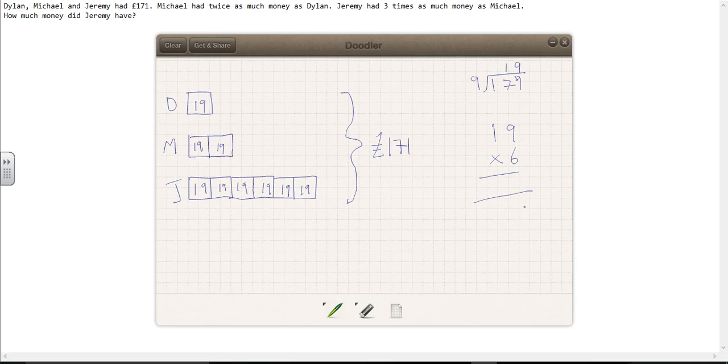Okay, so there we go. And we get £114. Okay, so there we go. How much money did Jeremy have? He had £114. Okay.